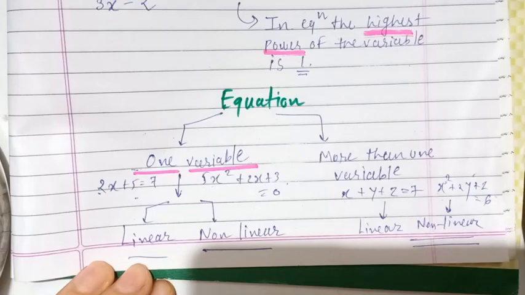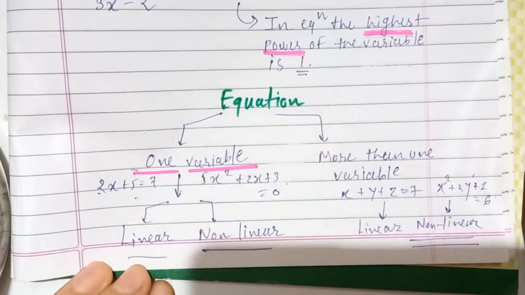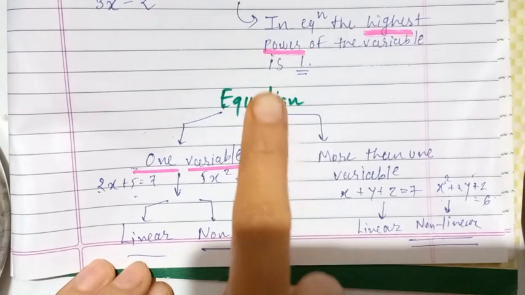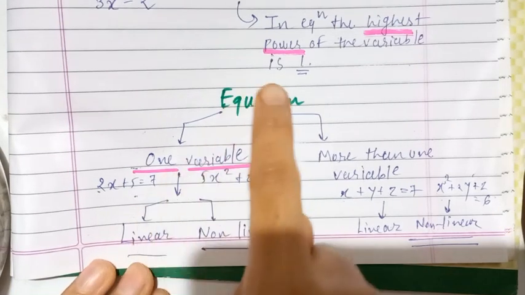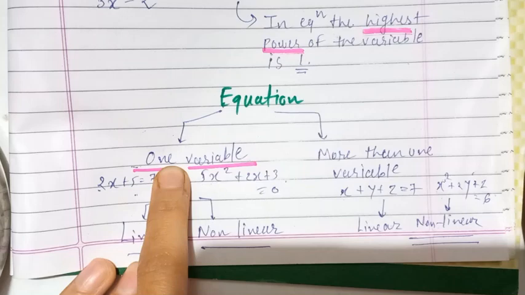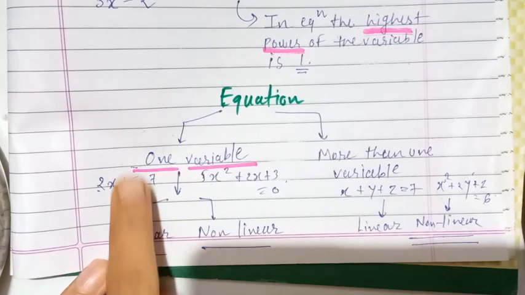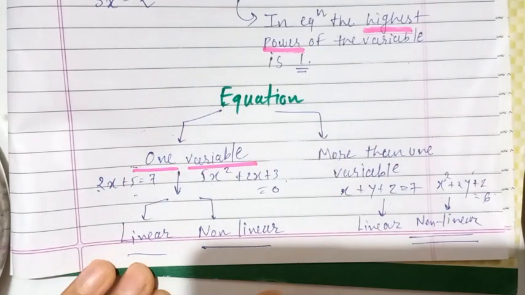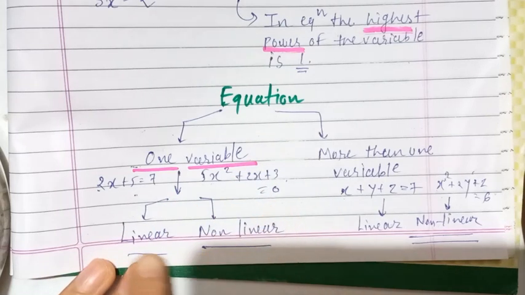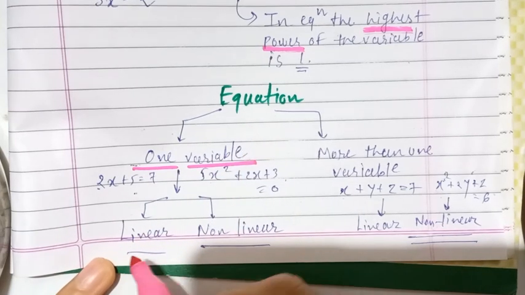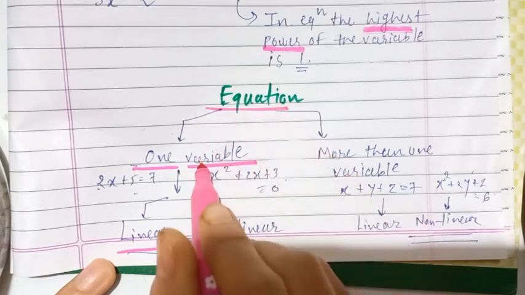The power of the variable is 1, and our chapter is linear equations in one variable. I gave you a summary of equations, but our second chapter is linear equations in one variable.